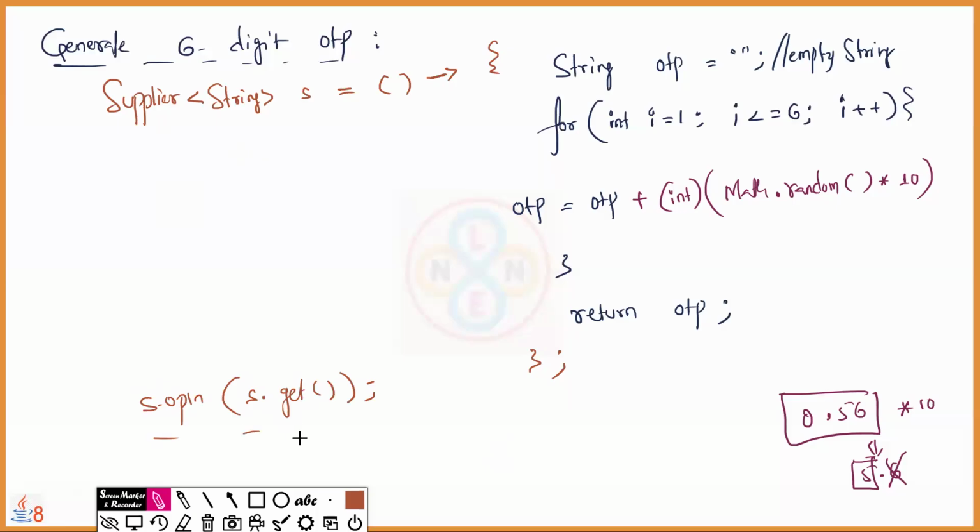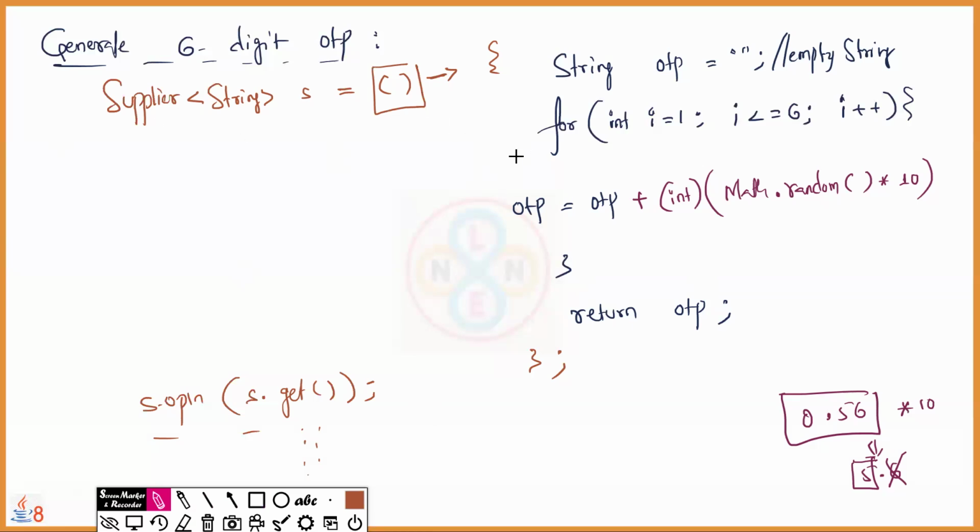Then like this, you write n number of times, and you are going to get n number of 6-digit random OTP numbers. This is an example where we are not giving an input, but we are getting an OTP. No inputs, string return type is an example. Am I clear? So this is where we will be using supplier as an example.